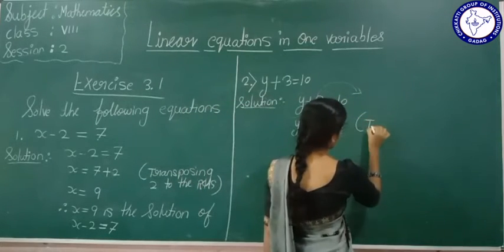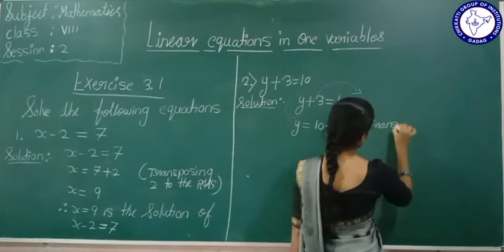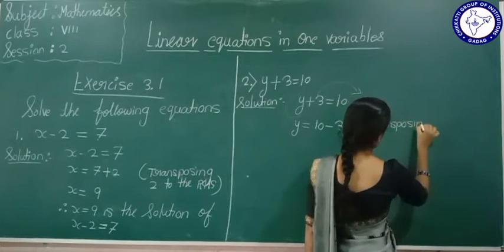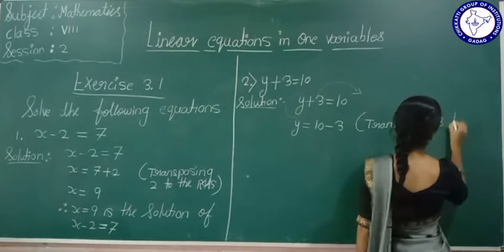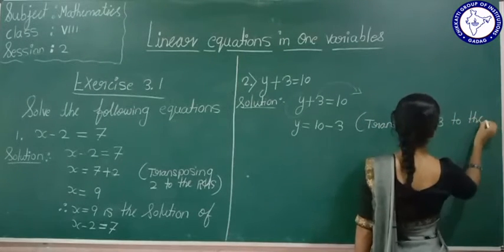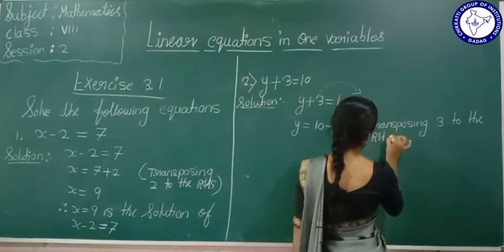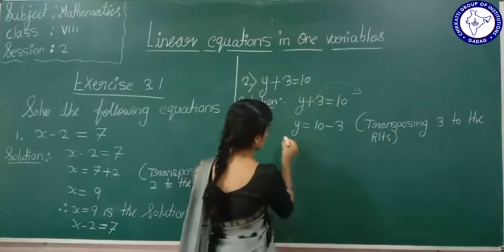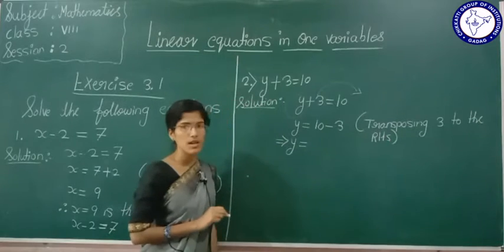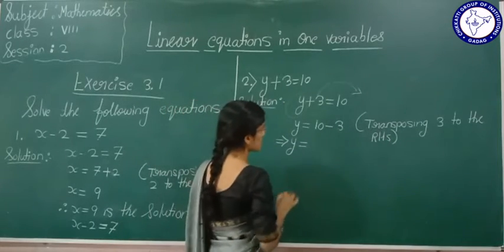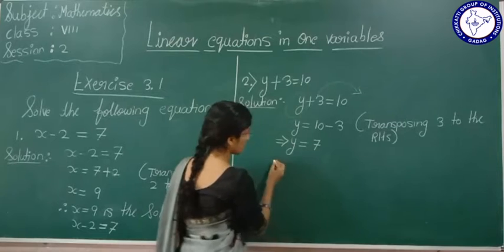What is the reason? Transposing 3 to the RHS. So this implies y is equal to 10 minus 3, and 10 minus 3 is 7.